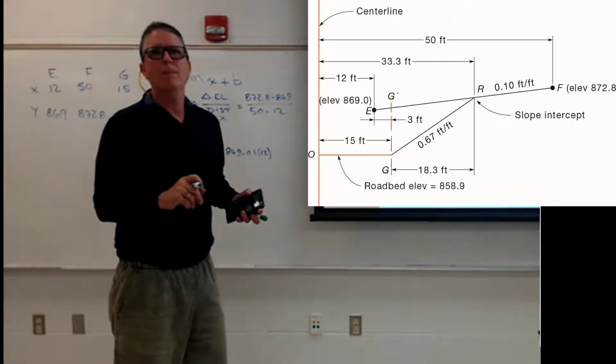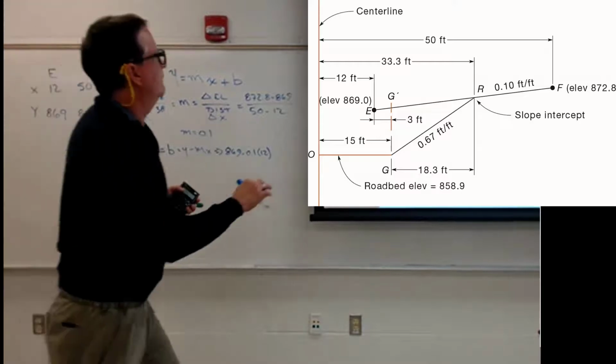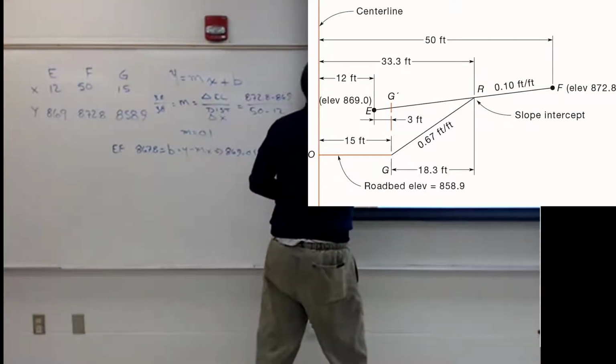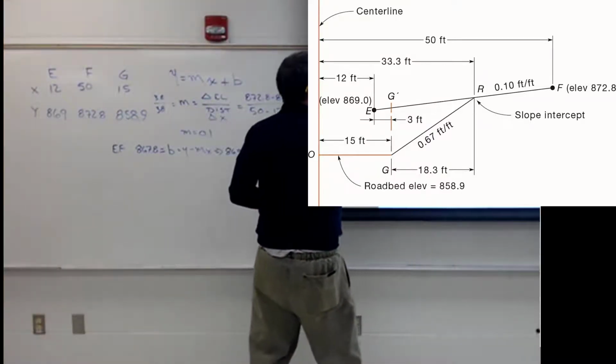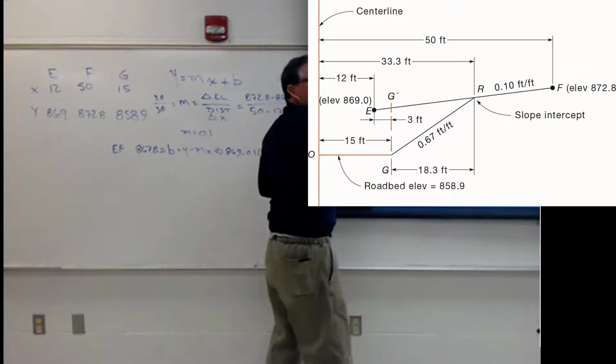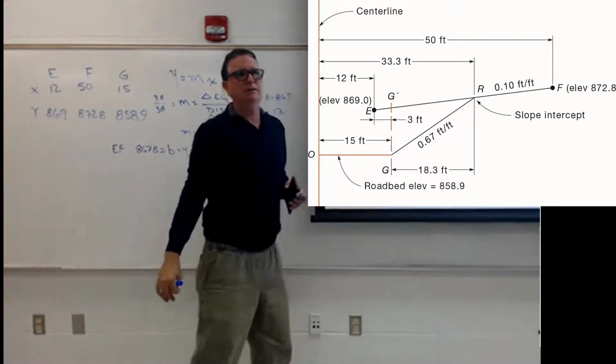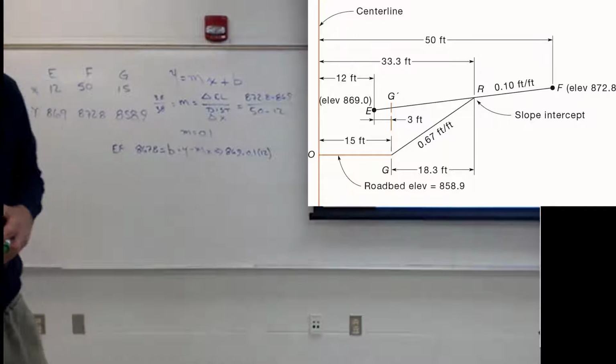And B is the point at which it intersects the center line, right? If you extended this line out until you get to X equals 0, that's what B is. Okay?